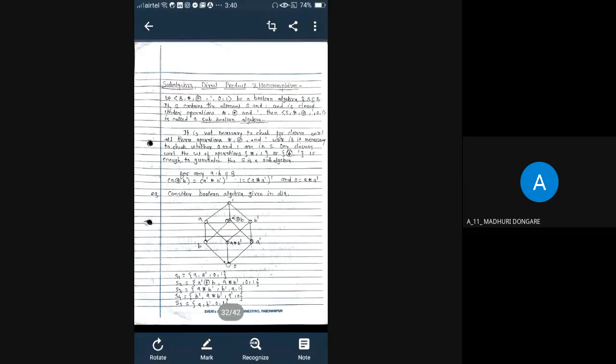Let B, star, XOR, complement, 0, 1 be a Boolean algebra and S a subset of B. If S contains elements 0 and 1 and it is closed under the operations star, XOR, complement, then S, star, XOR, complement, 0, 1 is called a sub-Boolean algebra of B.